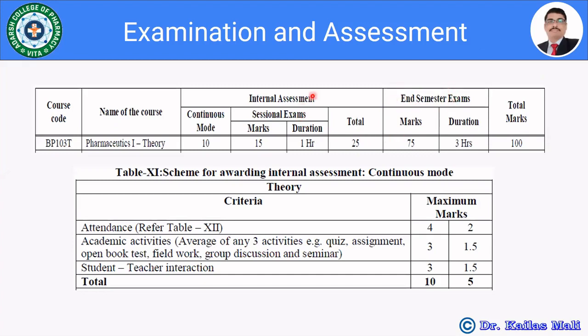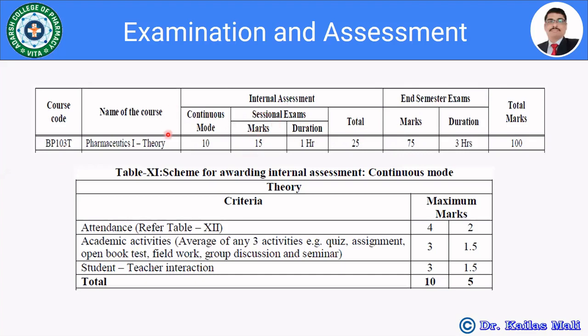The internal assessment is for 25 marks, and the end semester exams, that is say the university exams, are for 75 marks. Internal assessment, furthermore, these 25 marks are divided into two parts, that is the continuous mode assessment, that is 10 marks, and your periodic test exams or the sessional exams, that is 15 marks.